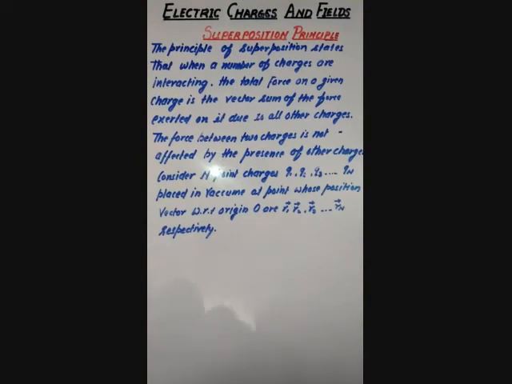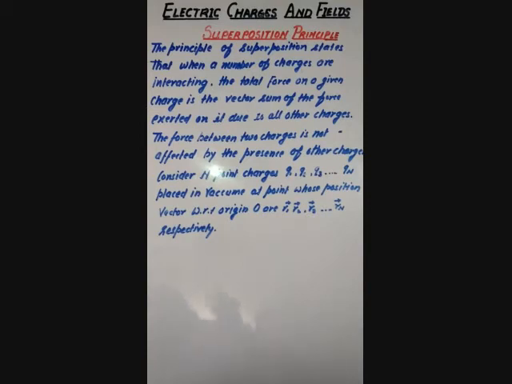Consider n point charges Q1, Q2, Q3, Q4, Q5 and so on to Qn. They are placed in vacuum at points whose position vectors with respect to the origin are R1, R2, R3, R4 and so on to Rn.